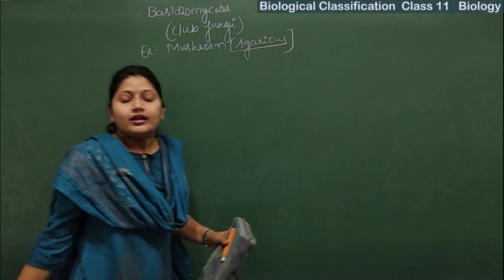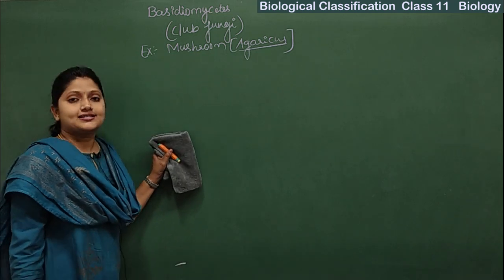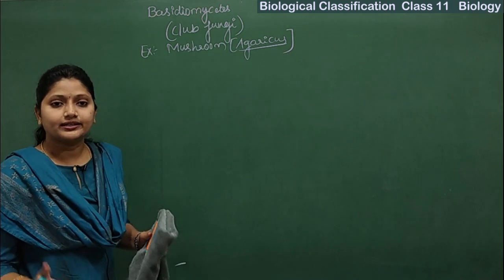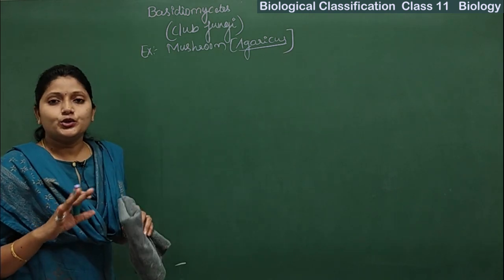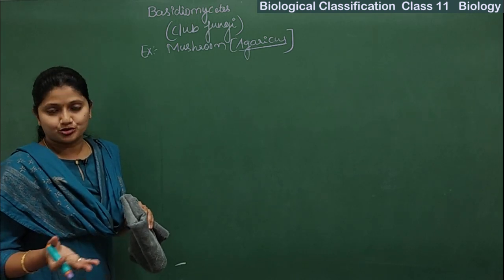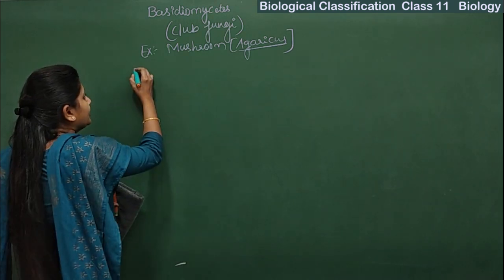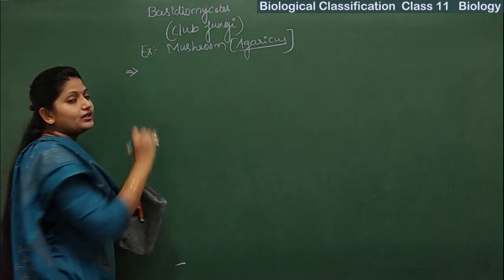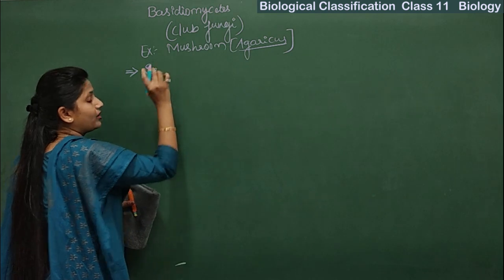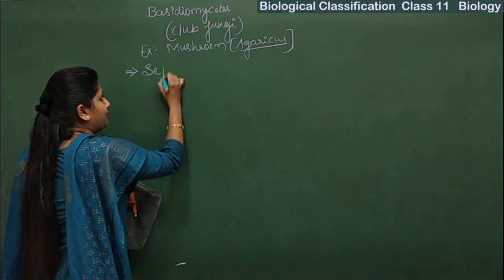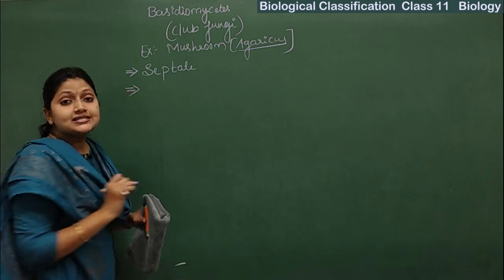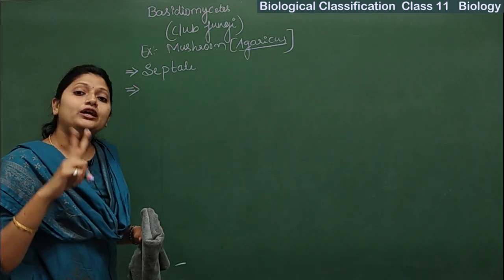Agaricus. Okay. Now, what are the characteristics, or what does the structure of the Basidiomycetes look like? Here you will see a small difference as compared to other types of fungi. The mycelium is septate, and the mycelium is usually in two forms.